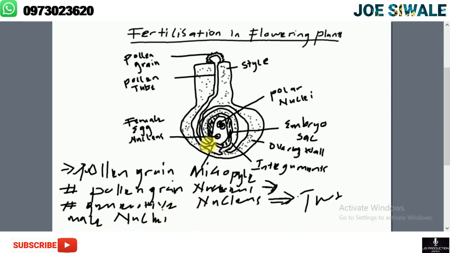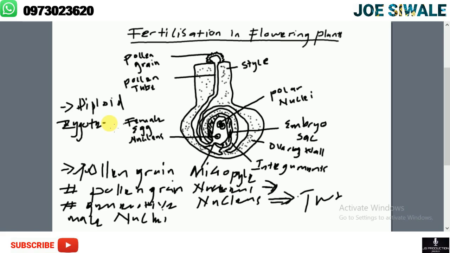Then as these two male nuclei enter the embryo sac, one of the male nuclei is going to fuse with the female egg nucleus, and a diploid zygote is going to be formed. The diploid zygote changes into the embryo.